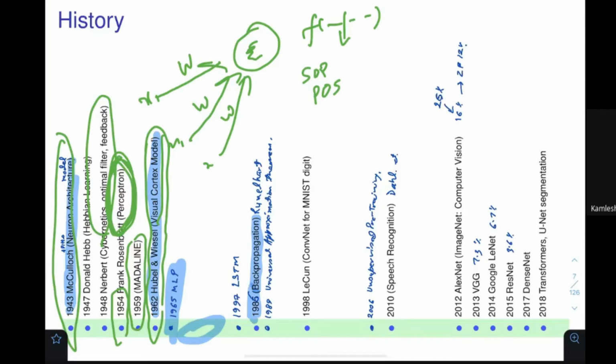1986 was a very important year, when people started using something called backpropagation to find the parameters of the system.